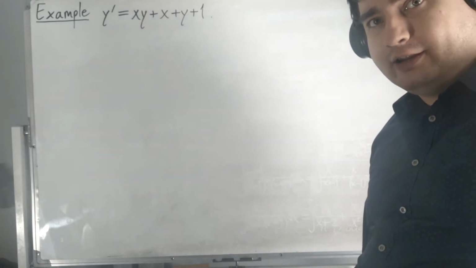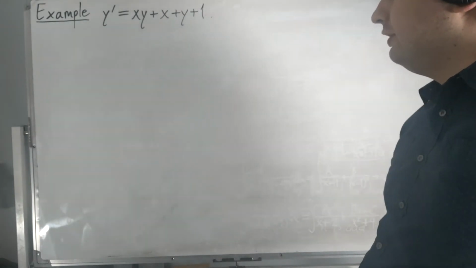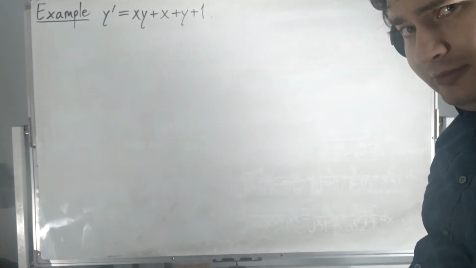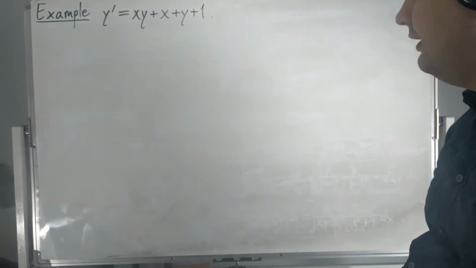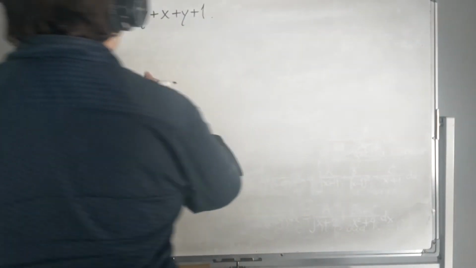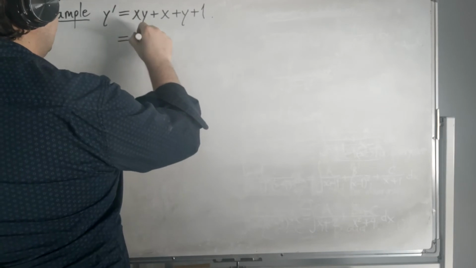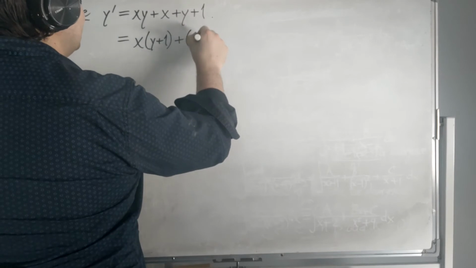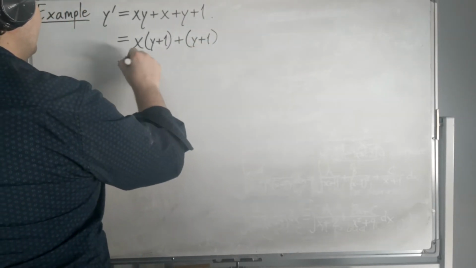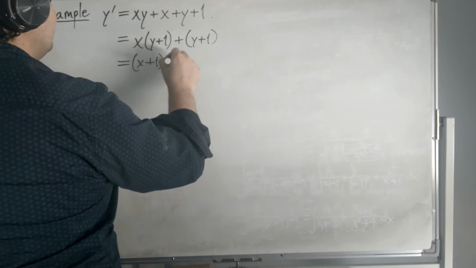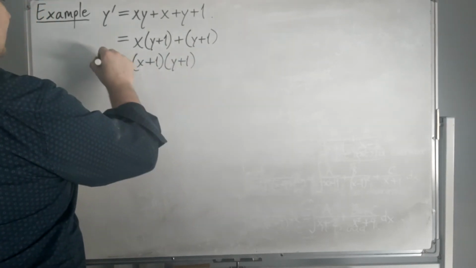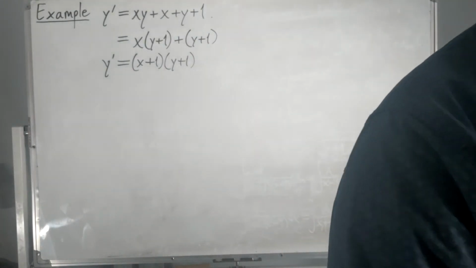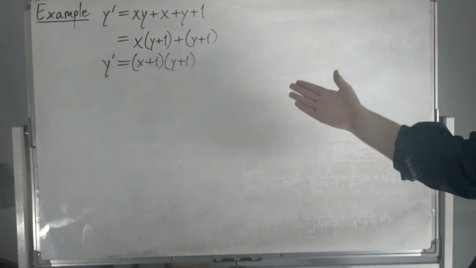Well, it certainly doesn't look like it, right? In order to be separable, it'd have to be a function of x times a function of y, and that doesn't appear to be. Or is it? Because if you factor this by grouping, you get x times y plus 1 plus y plus 1, and then you have x plus 1 times y plus 1, and that's y prime. So now it is separable, right?